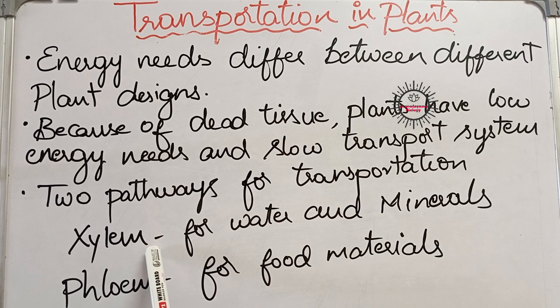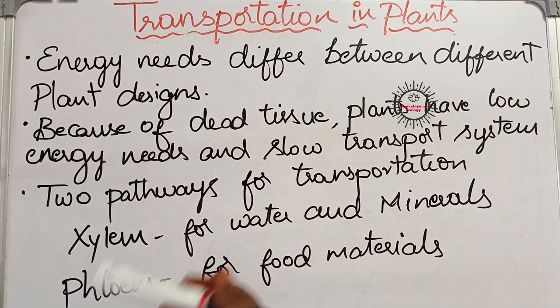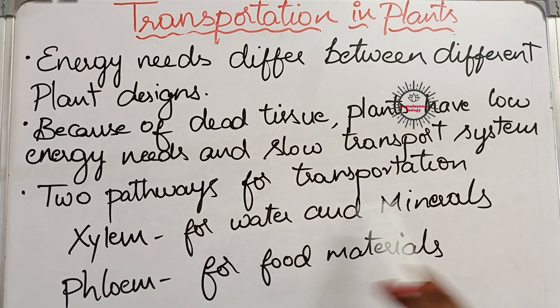So xylem vessels will take water along with mineral salts from outside, that means from soil. Xylem is present in all the parts of the plant, but the xylem vessels which are present in the roots of the plants will take water and mineral salts and transport it to the upper parts of the plant like stems, leaves, flowers and fruits.